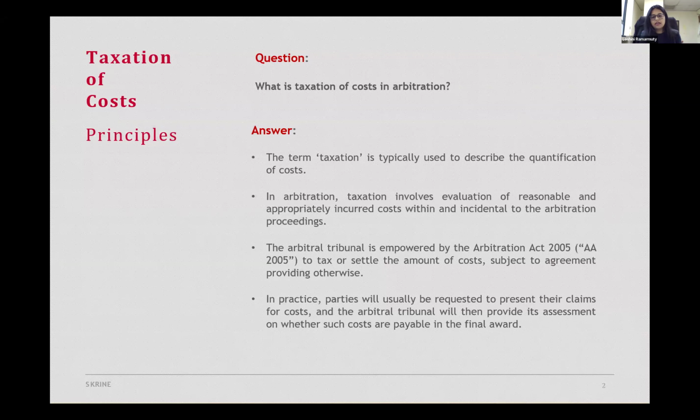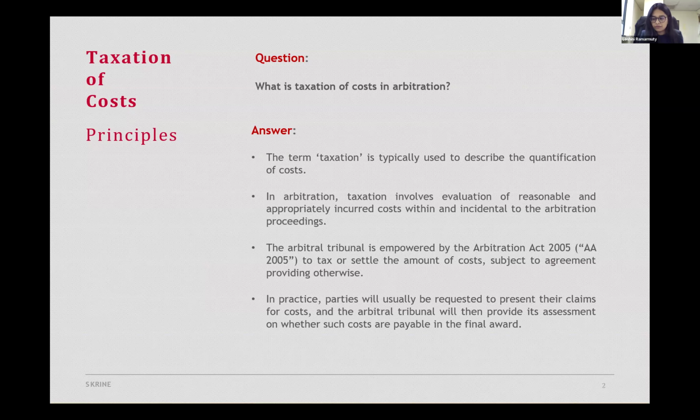Sorry for that. So as I was saying, what typically happens in practice is that at the conclusion of the hearing, when parties are putting in their written submissions, parties would typically also submit on the costs that they have incurred in the arbitration proceedings.